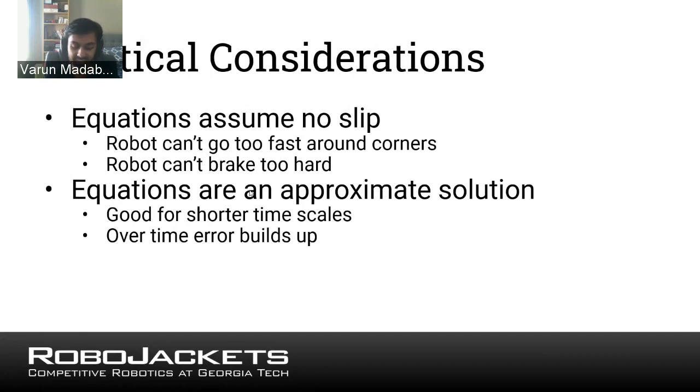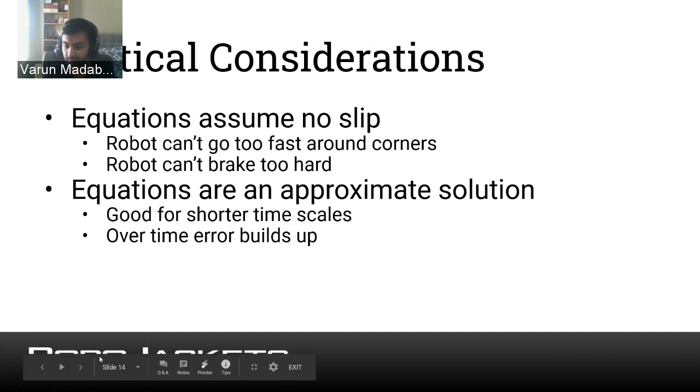They only work if your robot is moving in an arc for your short time scales. So they approximate your complicated robot path as arcs, and over time, that causes error to build up. So making sure that your error is kept reasonable within the 15 seconds of your autonomous period is important.